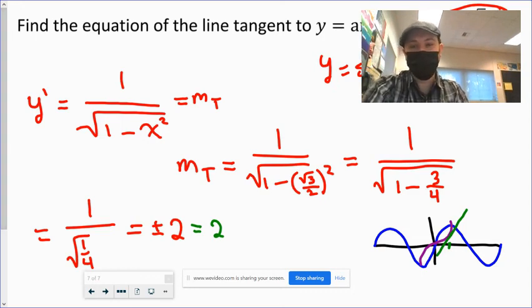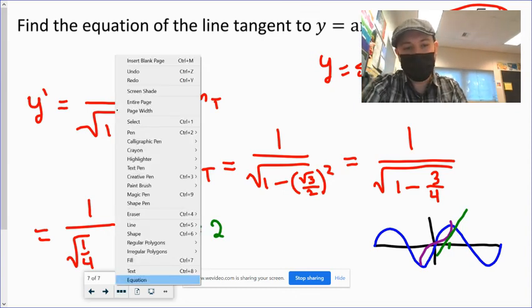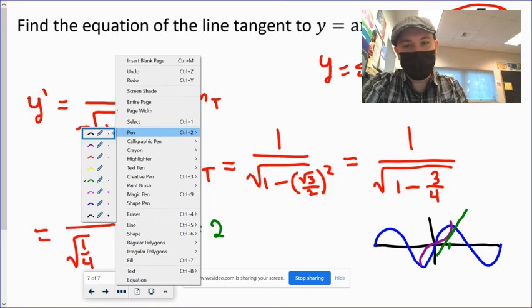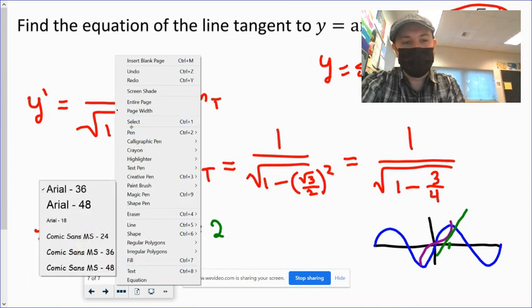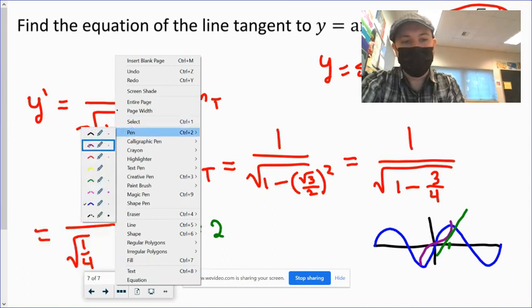Next, I need to know what point the graph passes through. So to do that, I'm going to refer back to the original equation. So I guess I'll go with purple because purple represents the graph of sine inverse.